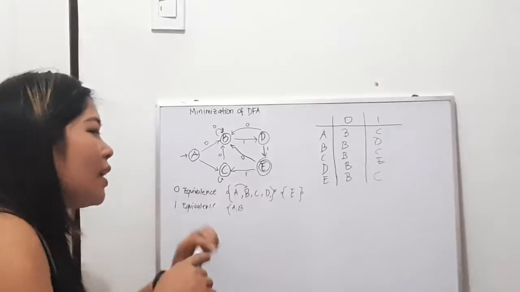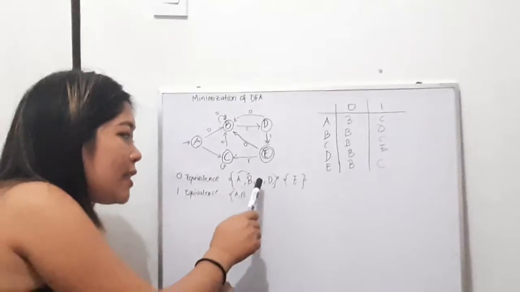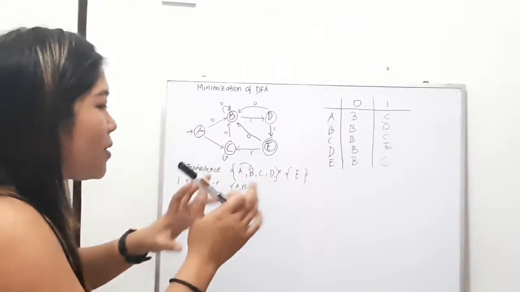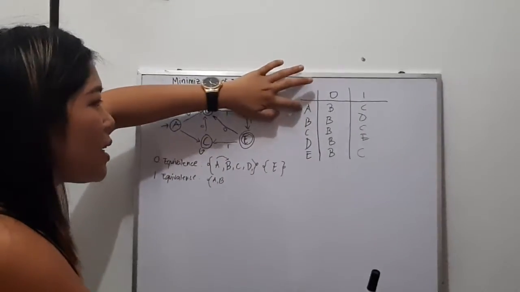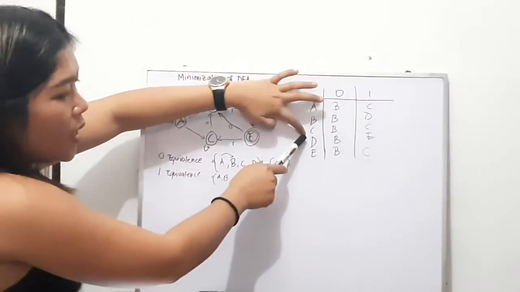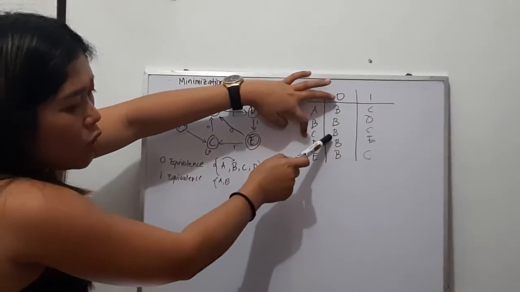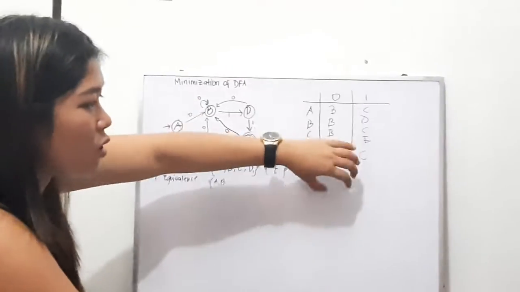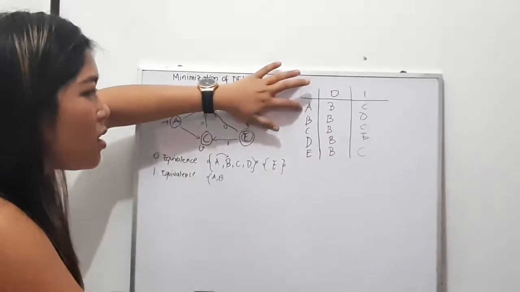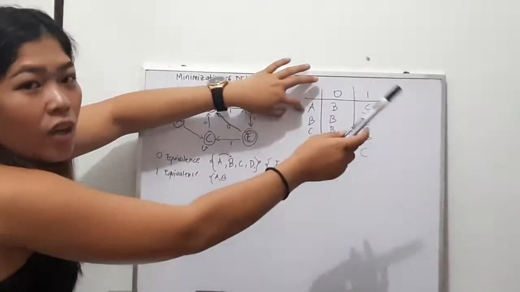So now let us check A and C here in the transition table to see if they fall into the same set. A getting input 0 goes to B, and C getting input 0 also goes to B. So they fall into the same state, but the process is not done yet. We have to check the 1 equivalence.